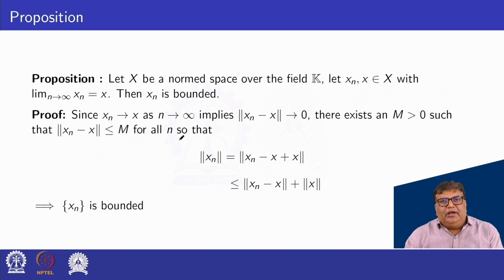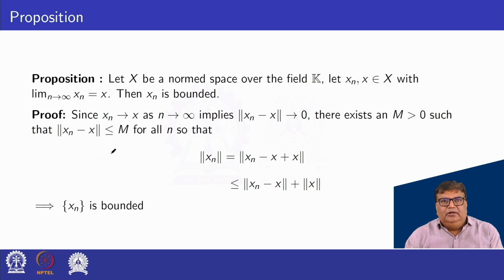For all n, norm xn can be written as norm of xn minus x plus x. Here we have added x and subtracted x, so there is no change in norm xn. After applying the triangle inequality of the norm, we can write this as less than or equal to norm of xn minus x plus norm x.